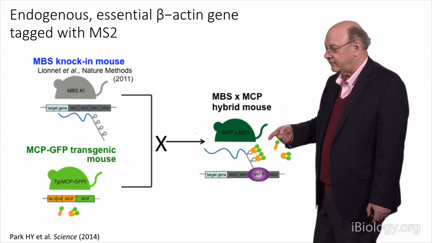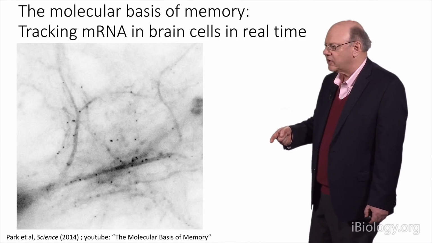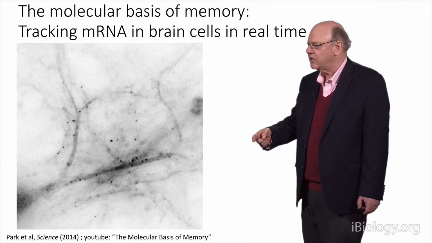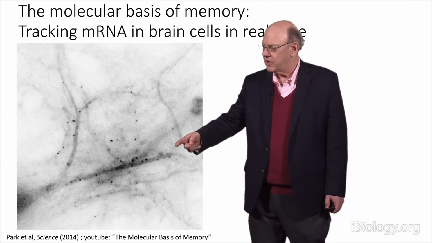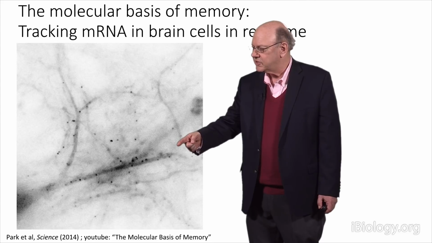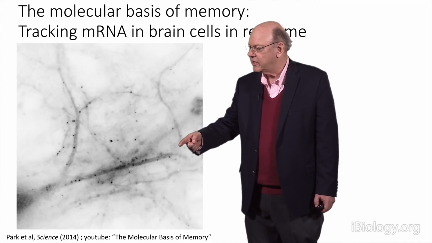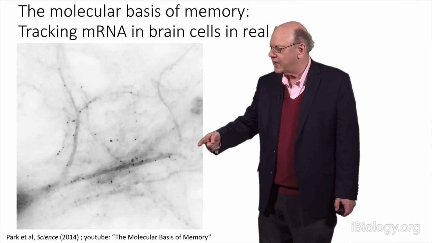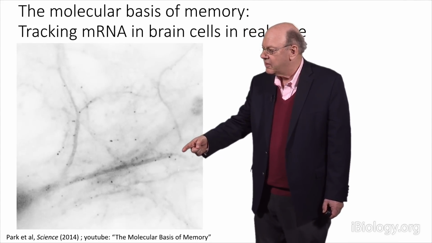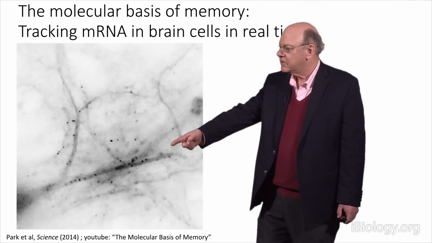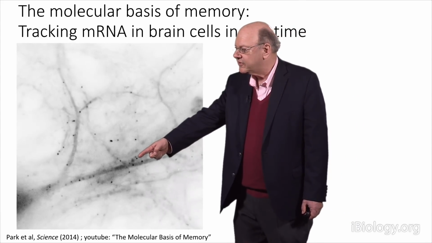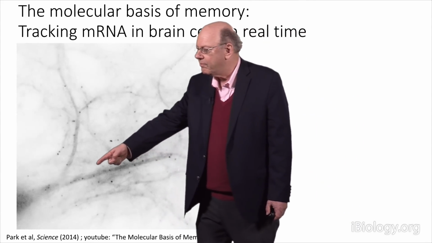So now we can actually look at what's going on in the neurons that are cultured from this mouse. And so here are primary hippocampal neurons. And you can see RNAs move around a lot in these neurons. Many of them stay stationary, but some of them actually go back and forth.